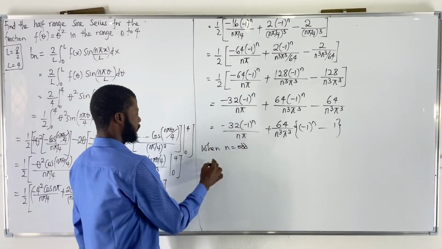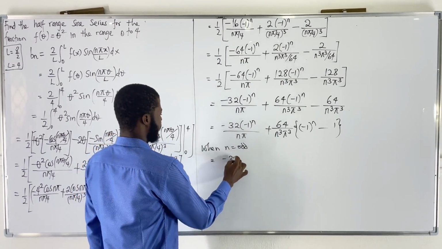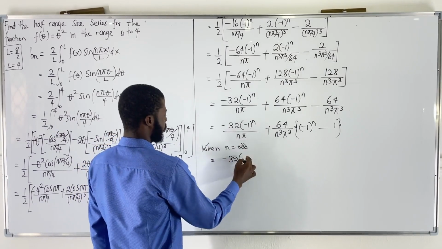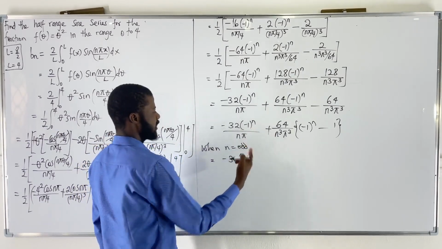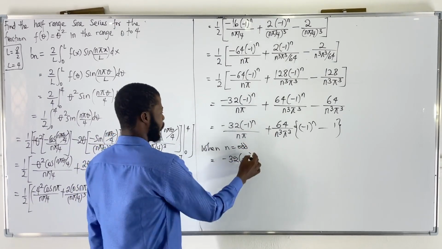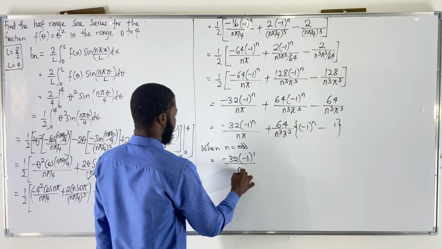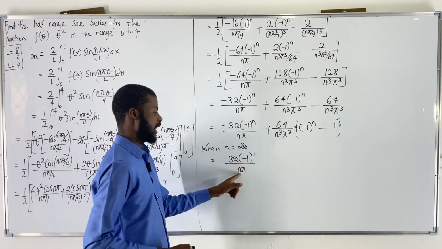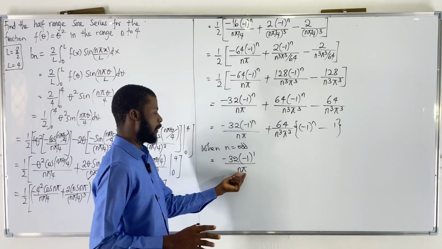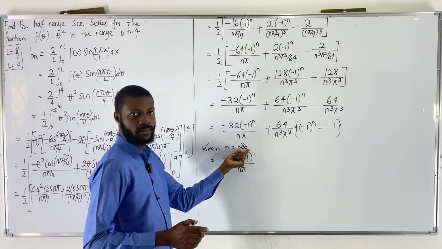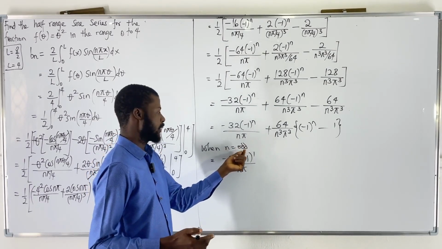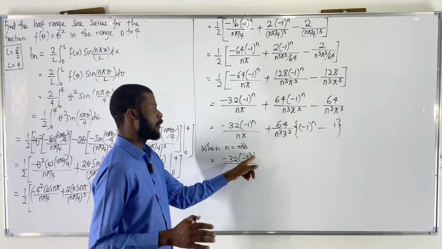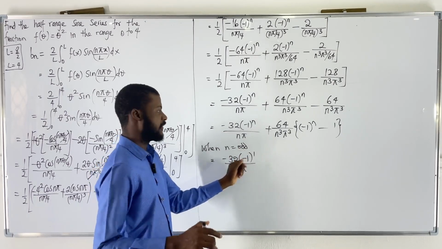we're going to be having minus 32 into minus 1 to the power of, let's pick an odd number, let's say 1, divided by n pi. Now remember that the n pi is not our business, because this n pi would have a different value for some numbers. But the minus 1 to the power of 1 will not be having different values.